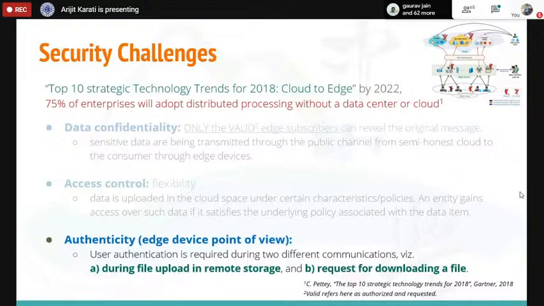So both times we have to ensure authenticity, right? However, the most important thing is whether a data consumer downloading your data can be authenticated by the edge devices or not. So those kinds of things you can see.